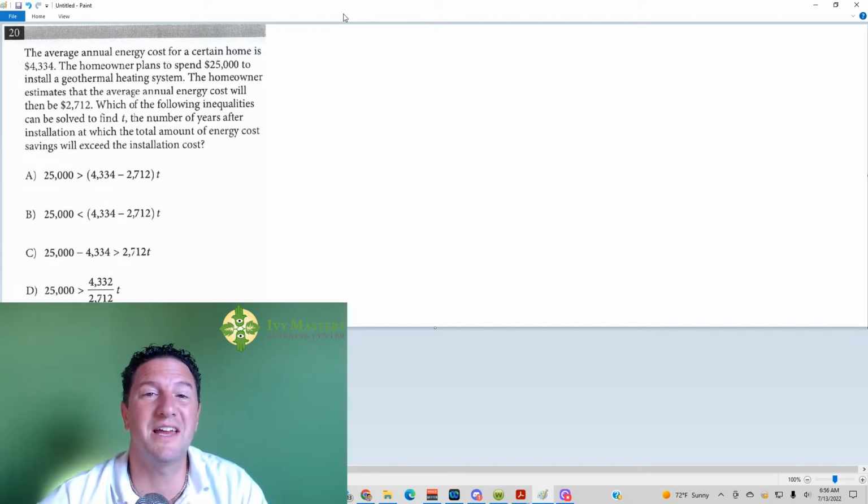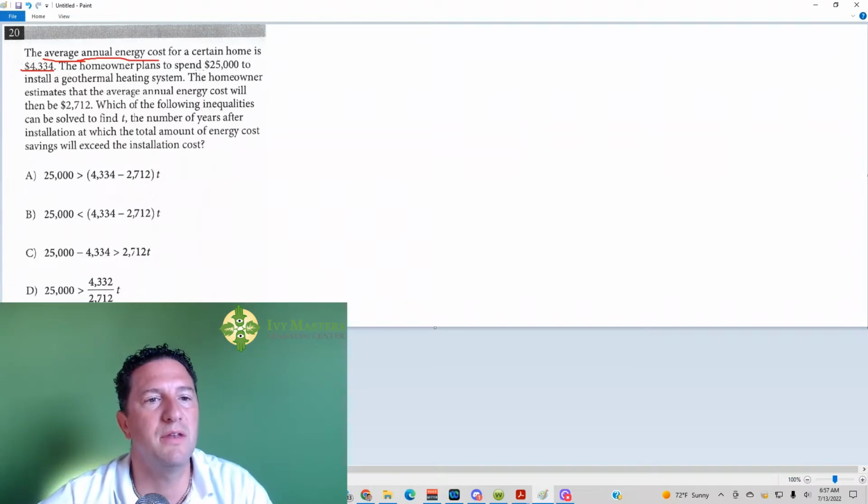And today we're going to look at Test 8, Section 4, number 20, which reads: the annual average energy cost for a certain home is $4,334. The homeowner plans to spend $25,000 to install a geothermal heating system.